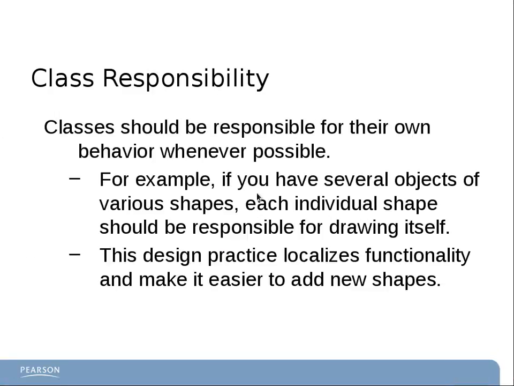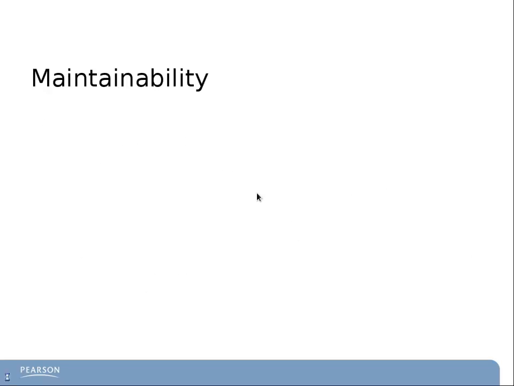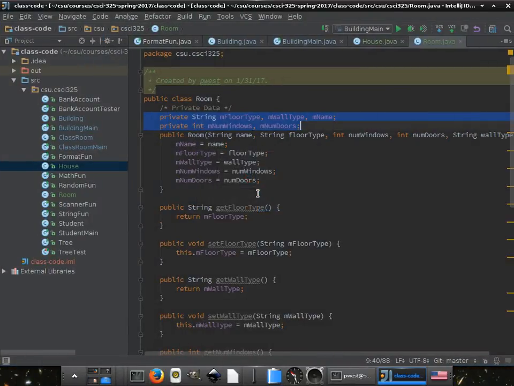Class responsibility. What was this, Tyler? Did I say this a lot? Was it single responsibility principle? Yeah. So this is vital, although it's still high level right now. You want the room object to take care of only the rooms.